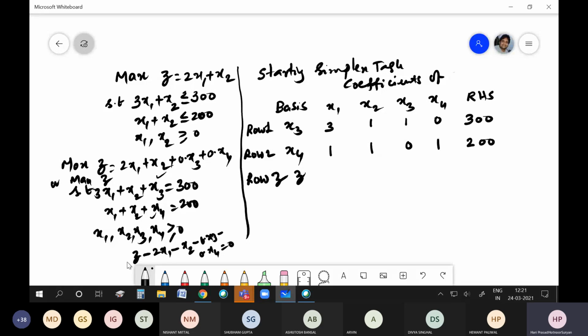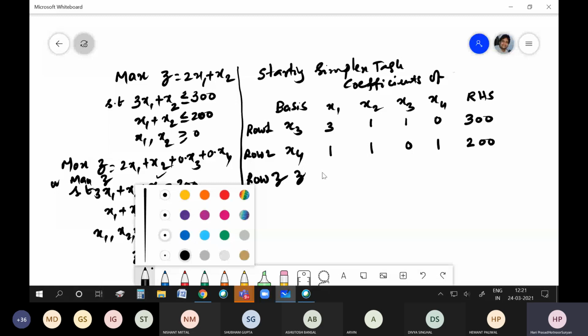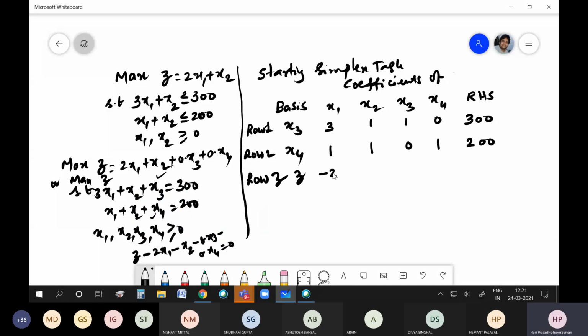For row z, the coefficient of x1 is -2. Sorry, this is -2. Then -1, 0, 0, and the right hand side is 0. This is the first table which we make.